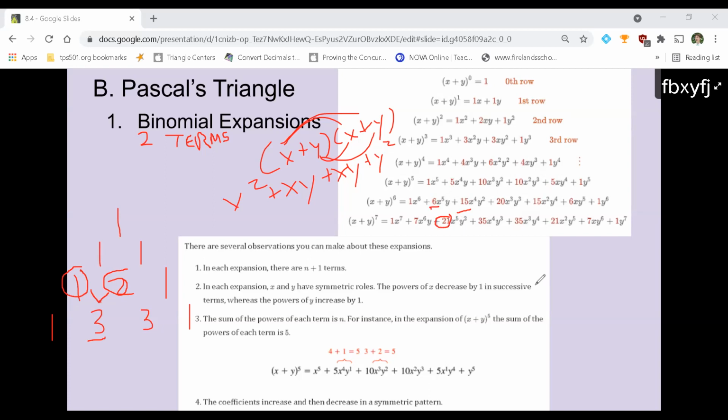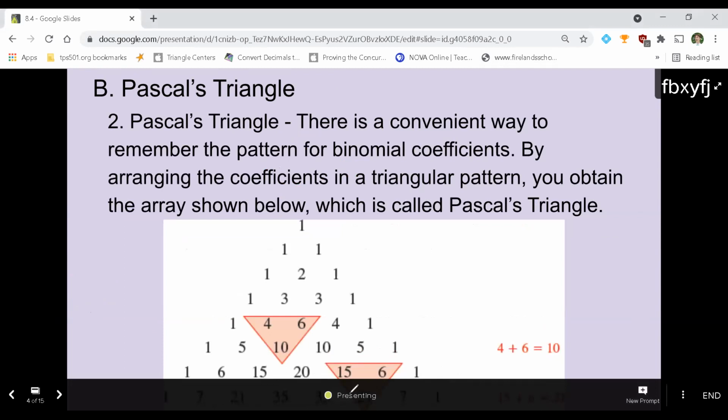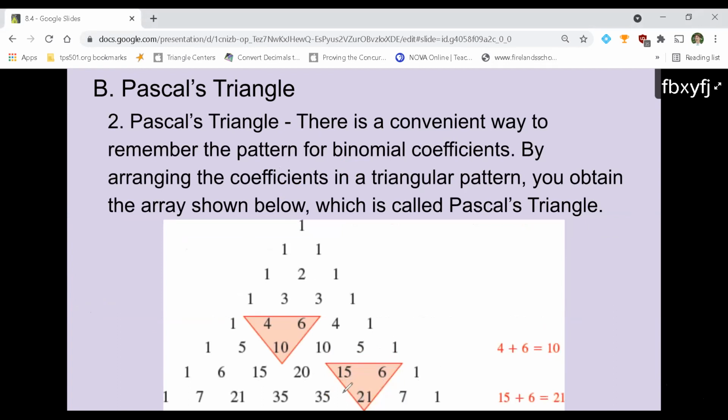That pattern holds for every single pair of numbers in this binomial expansion, which is what you use to create Pascal's triangle. So again, 4 plus 6 is 10, 15 plus 6 is 21. You could use Pascal's triangle to find all of the coefficients of any binomial expansion.